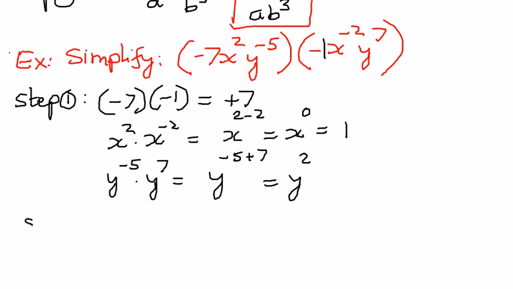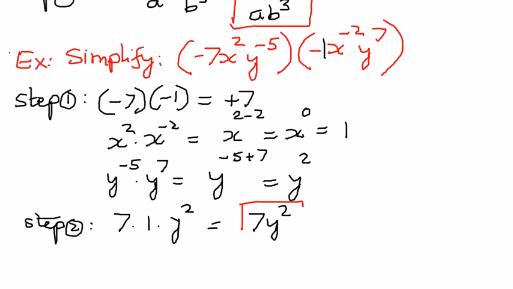Therefore, in step 2, we put all of these together and write it out as 7 times 1 times y to the power of 2. 7 times 1 is 7, and y to the power of 2 we can write just next to that. Therefore, this is our answer. We have used the laws of exponents to simplify this expression and arrived at this particular answer.